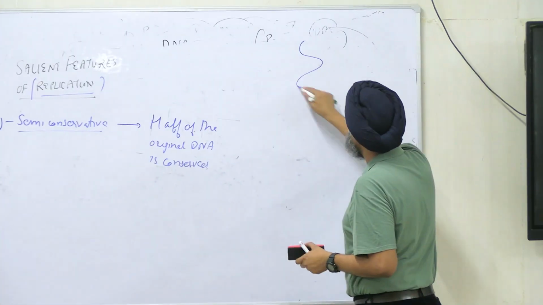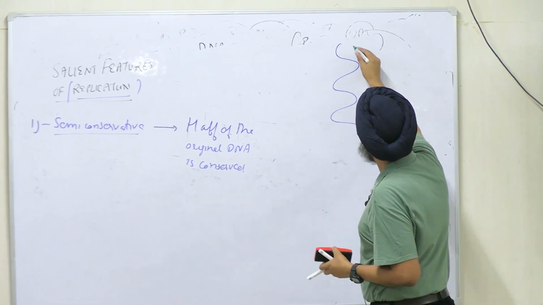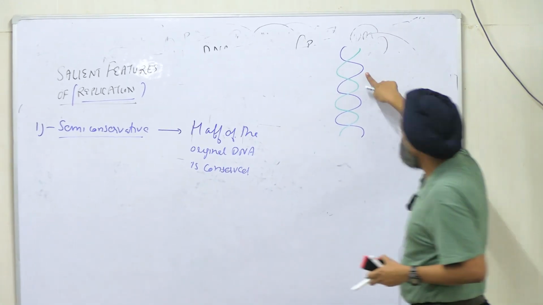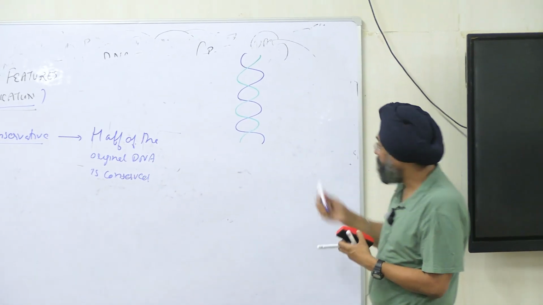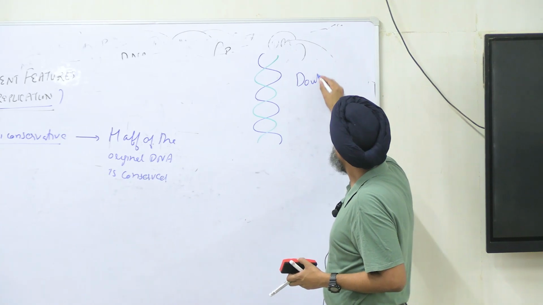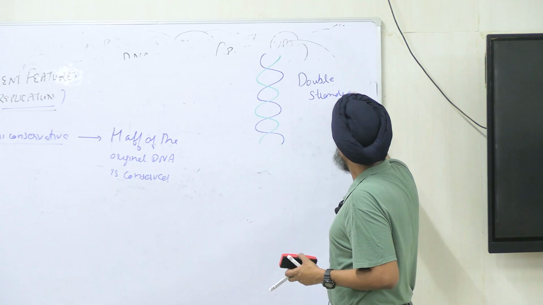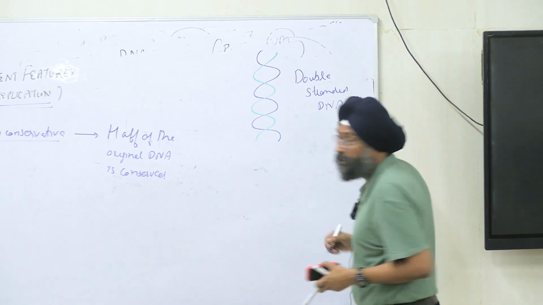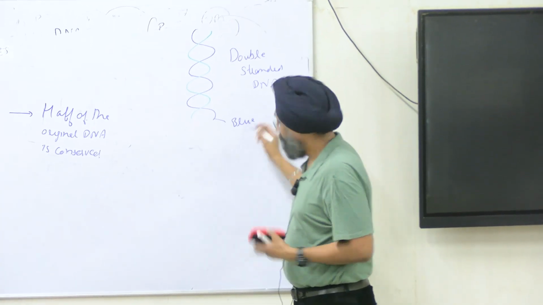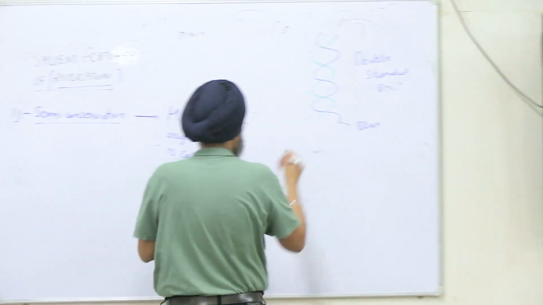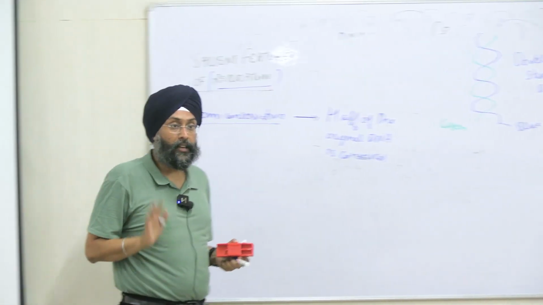Suppose we have a DNA strand, right? And it has one strand in blue color and the other in green color, right? So we have a double stranded DNA, right? And we have two strands. One is our blue strand and the other is our green strand, right? Clear or not?